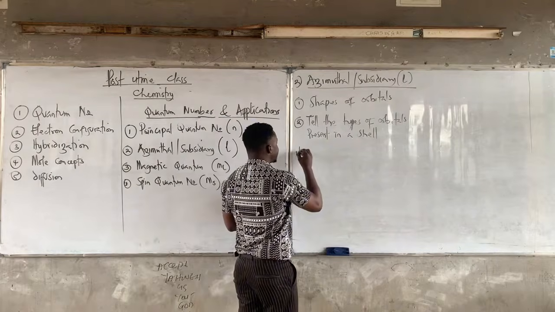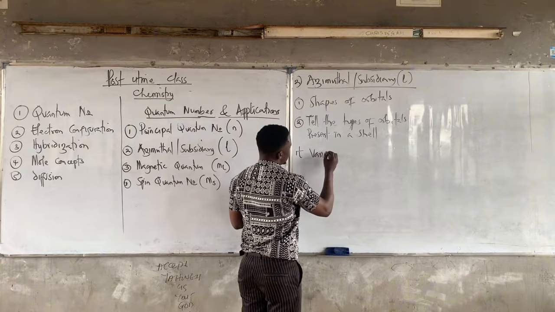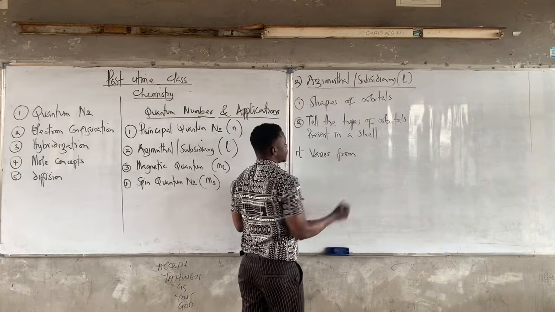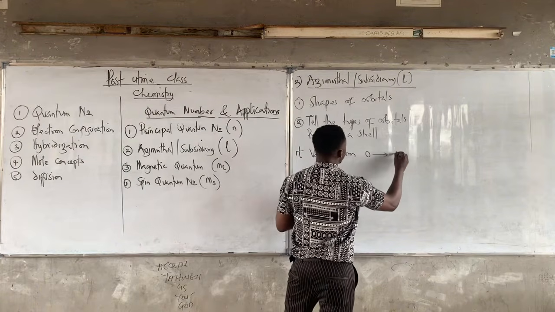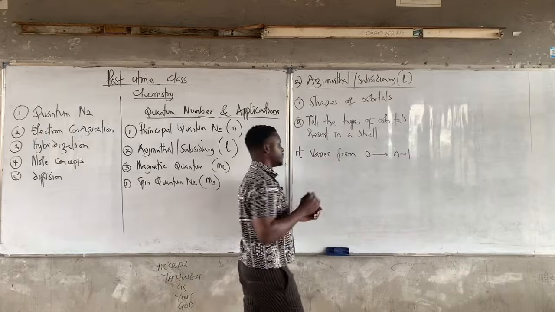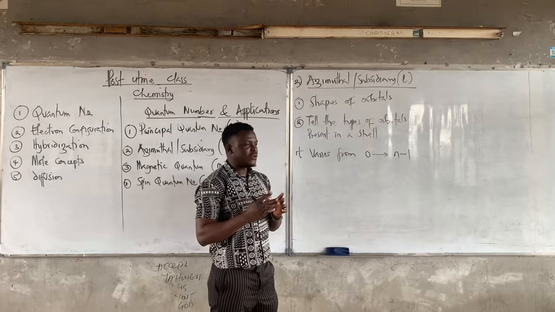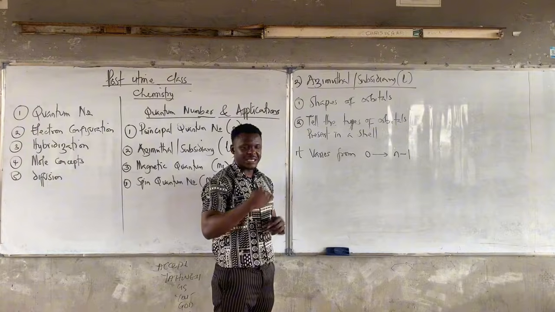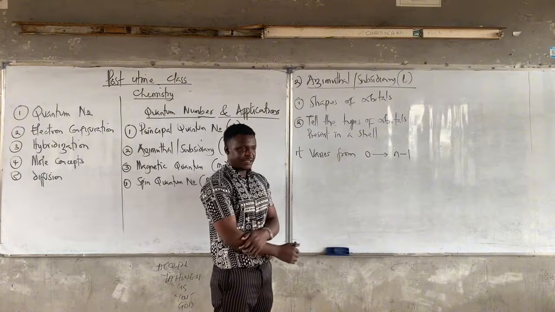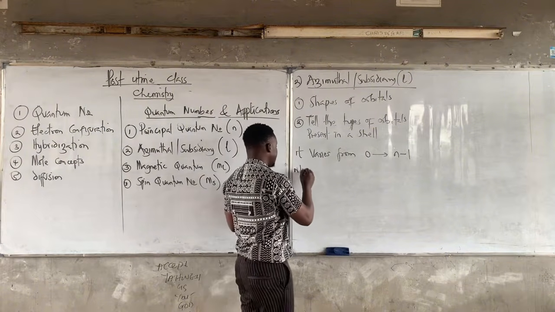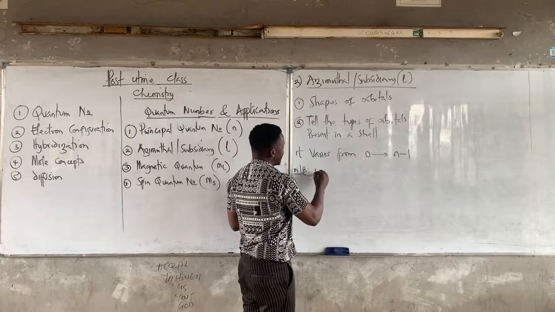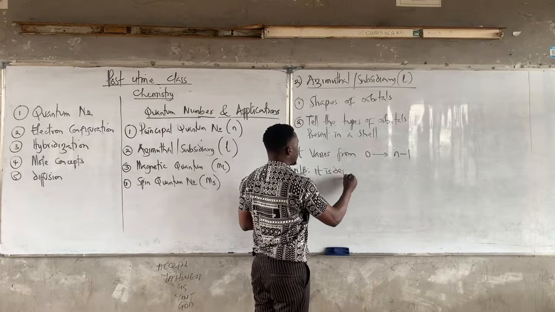It varies from 0 to n-1. Its values always start from 0 and stop at n-1. I will explain that. And most importantly, note, it is dependent on principal quantum number.